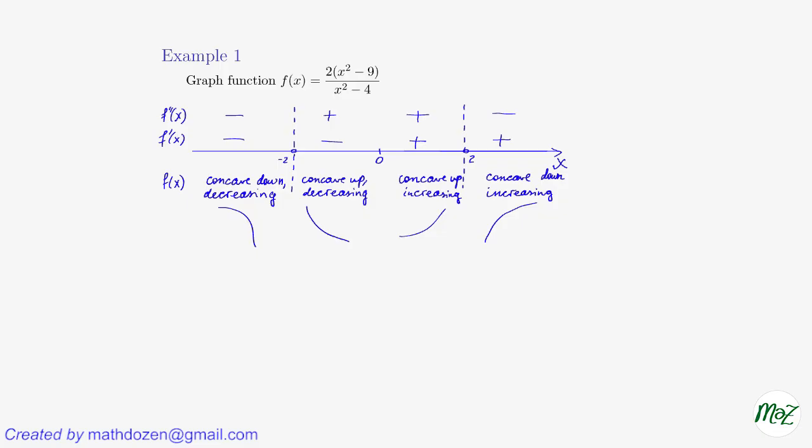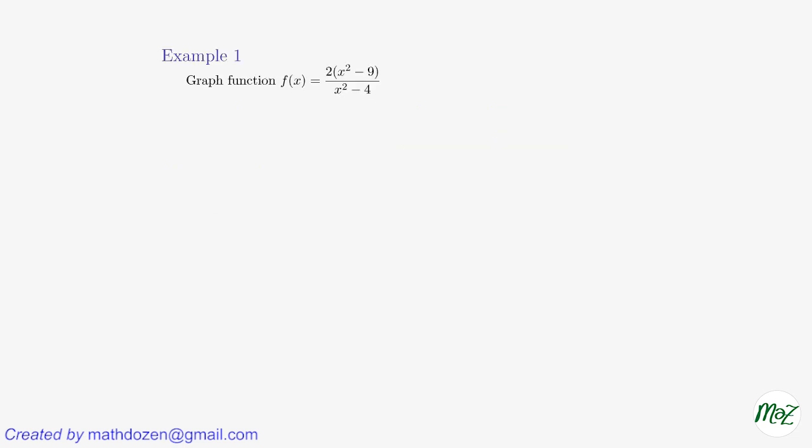Okay, now if we put all of that together on a single graph, we'll start to see the following picture. So here is the set of axes. Then we can put the y-intercept 9/2 and x-intercepts -3 and 3.